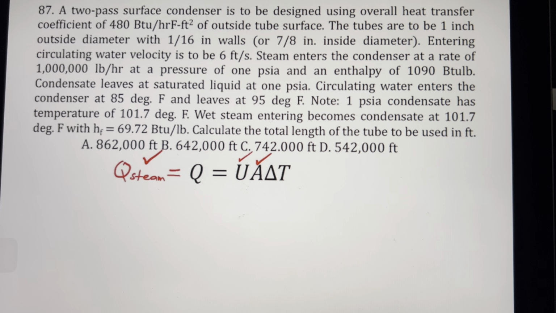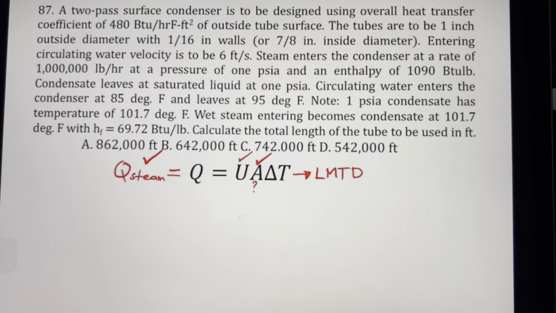So that is pi times outside diameter times our total length, which is our unknown. So inside our A is our unknown. While our delta T for a heat exchanger is equivalent to the log mean temperature difference, or LMTD.